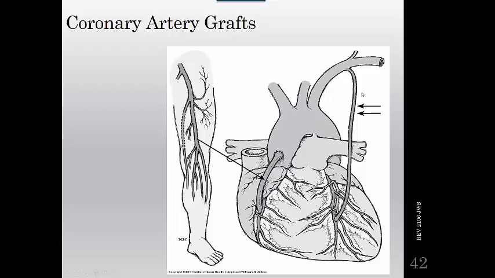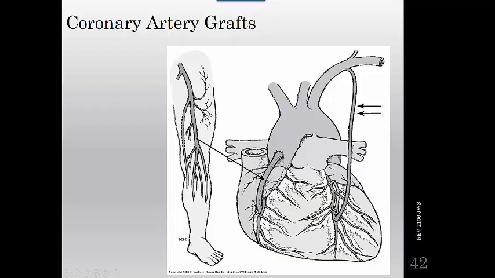So in this example, you have a graft coming from a vein in the leg, attached to the aorta, and it bypasses this area of the right coronary that's got some disease in it, so that it's bypassed and supplying the heart. Same here, it's going from the subclavian, and the graft is coming down and bypassing the LAD blockage or circumflex, whichever one's blocked, to supply blood to the myocardium.